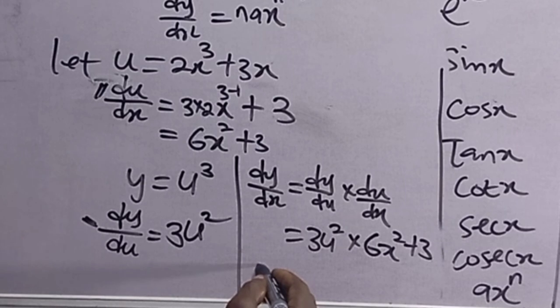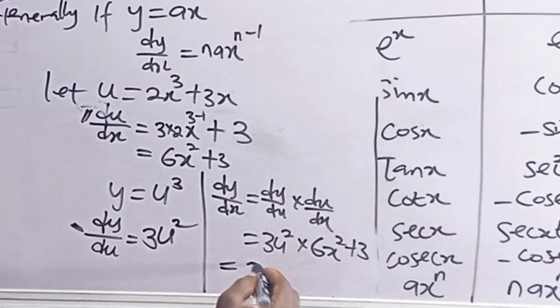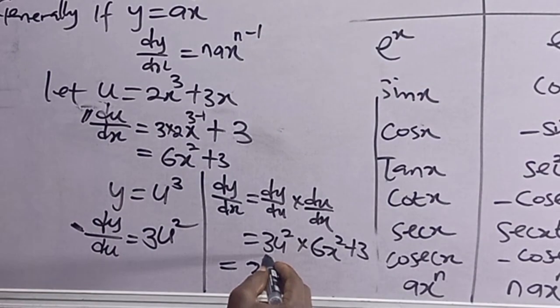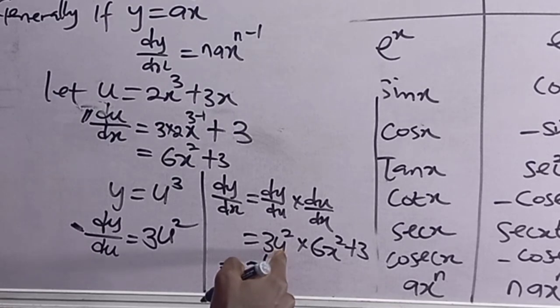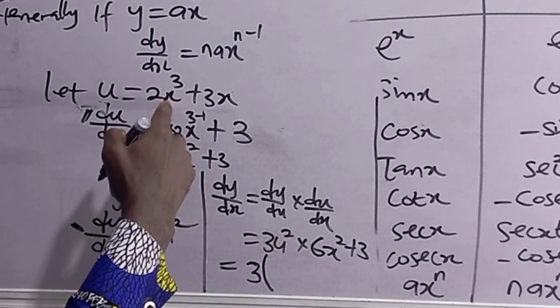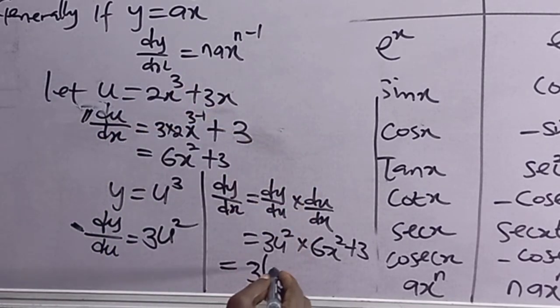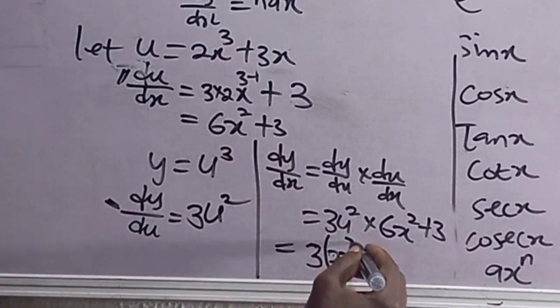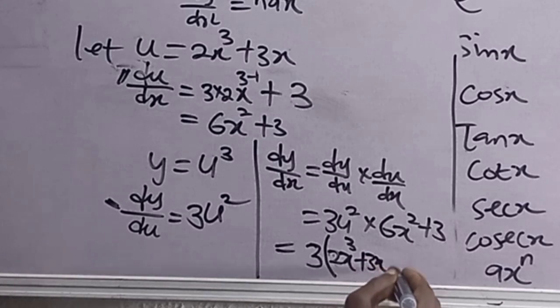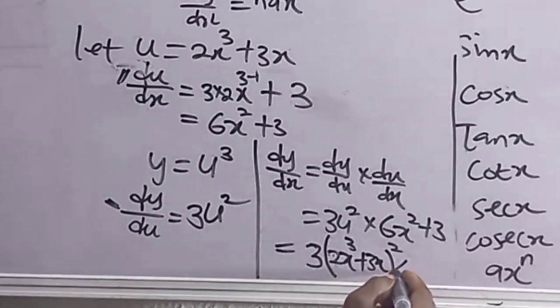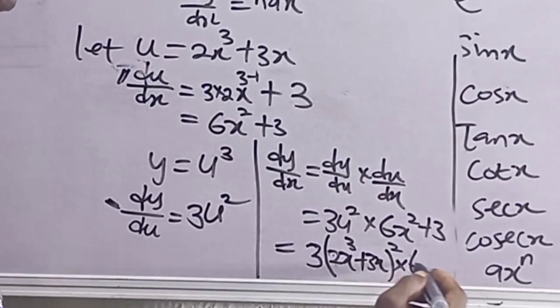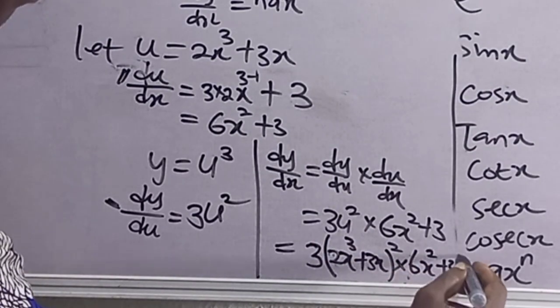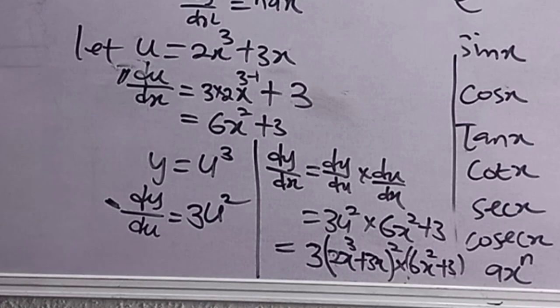So the final answer now becomes 3. Then the u, from here, u is equal to 2x cubed plus 3x. So we substitute this for u, and it becomes 3 times (2x cubed plus 3x) all squared times (6x squared plus 3). So that's the final answer.